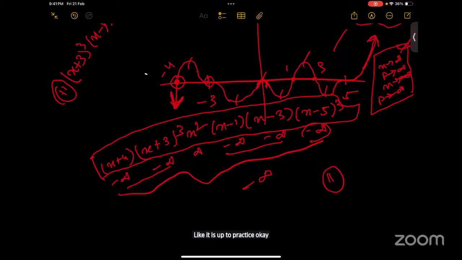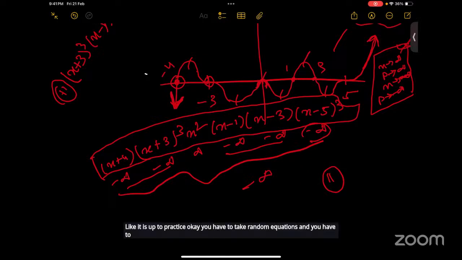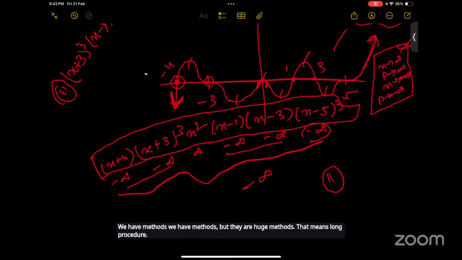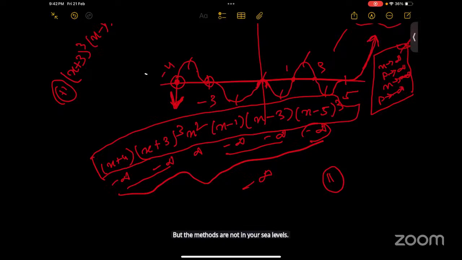You have to take random equations and practice so that you can take some factor as common. Sometimes it is difficult, but if you spend some time, you can take a factor as common. We don't have any tricks. We have methods, but they are huge, long procedures, and they are not in your syllabus, so I'm not giving you these methods right now. One day before the exam, I don't want you to be confused. Okay, makes sense.